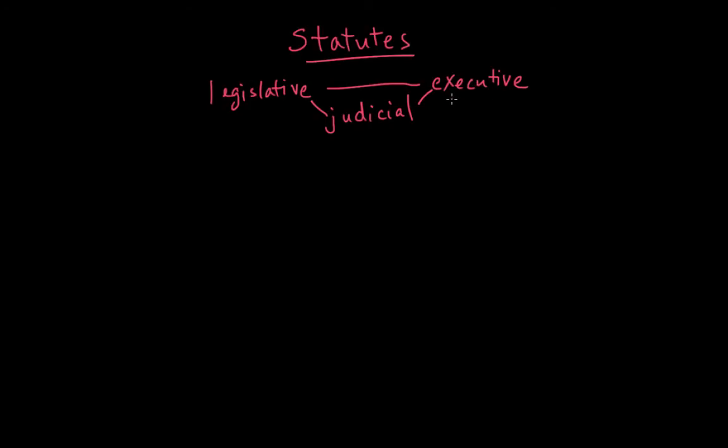Well, when we say that the legislative branch makes the law, those laws are the laws that we're talking about when we talk about statutes. So how does a statute become a statute? Well, it starts off as what we call a bill. A bill is introduced in Congress or in the state legislature.